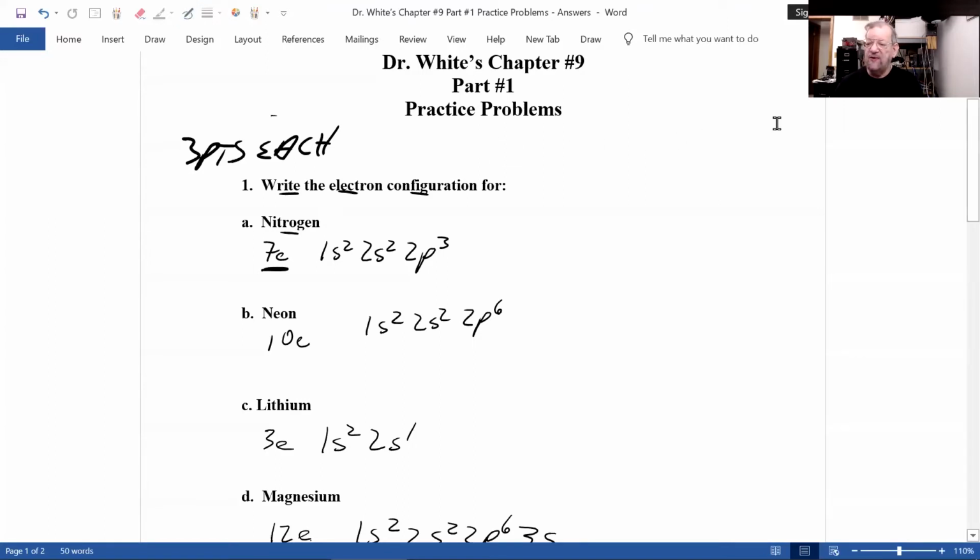Now, if we were in a classroom, I would do the following, but I'm going to do it here on Zoom. You should know for electron configuration, hold on one second.